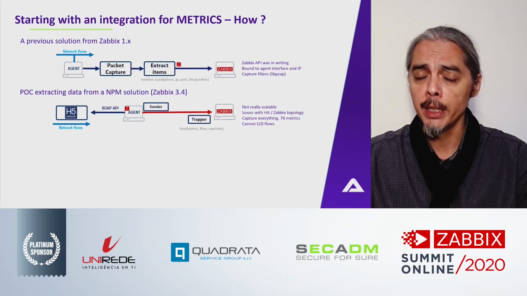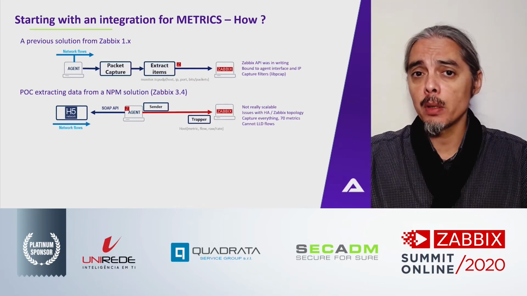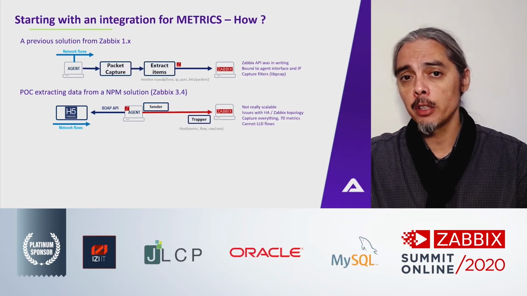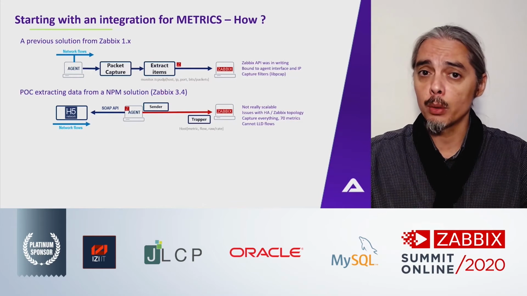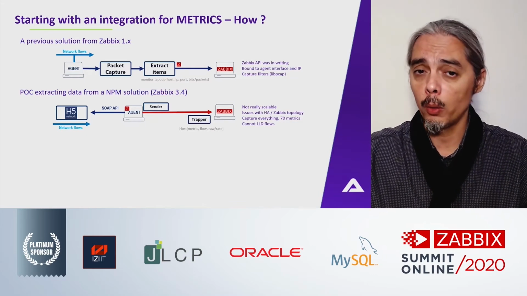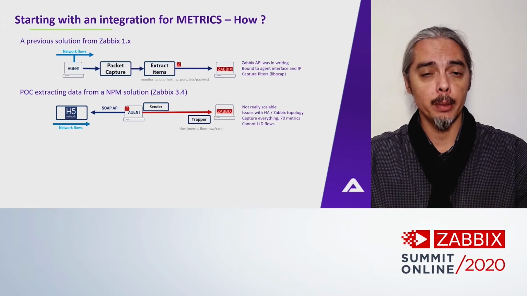That was bound to the agent interface and IP, and you needed to define both the items you would like to get and the capture filters for the pcap data.